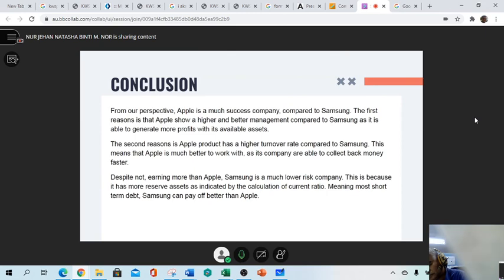This means that Apple is much better to work with, and the company is able to collect back money faster. However, Samsung is a much lower risk company. It is because it has more reserves, as indicated by the current ratio. Having more short-term assets, Samsung is able to pay off debt better than Apple.